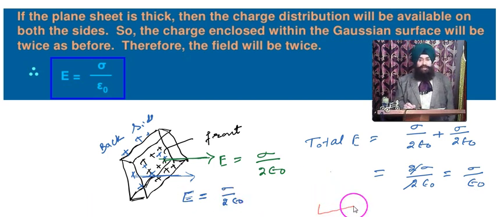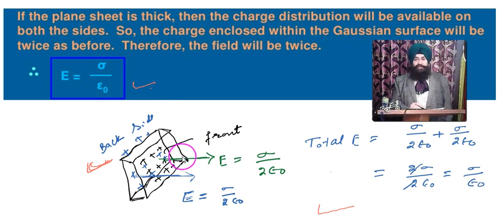So this is the formula of the resultant intensity when the sheet is thick. If the sheet is very thin, of infinitely small thickness, then sigma upon 2 epsilon naught. If the thick sheet has different charges on both sides, then sigma upon 2 epsilon naught. Okay, thank you.